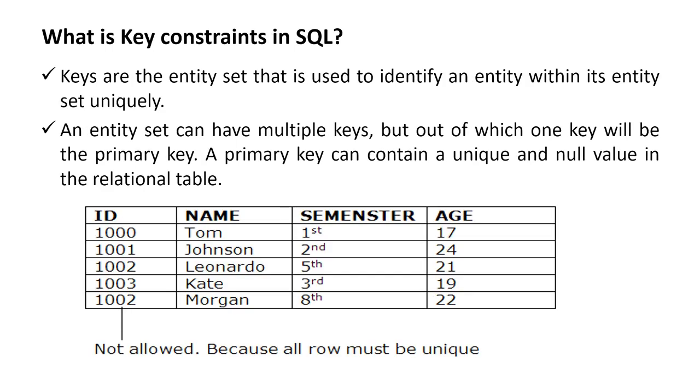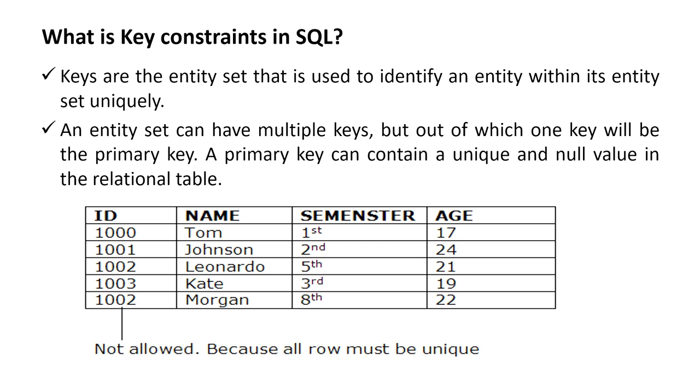What is a key constraint in SQL? Keys are the entity set that is used to identify an entity within its entity set uniquely. An entity set can have multiple keys, but out of which one key will be the primary key. A primary key can contain only a unique and non-null value in the relational table.